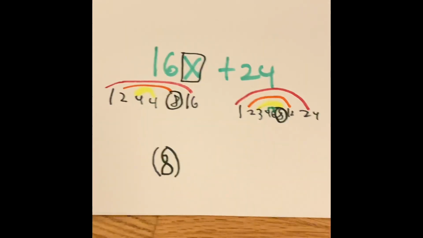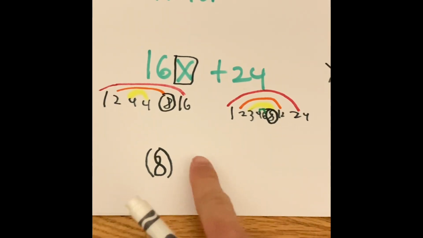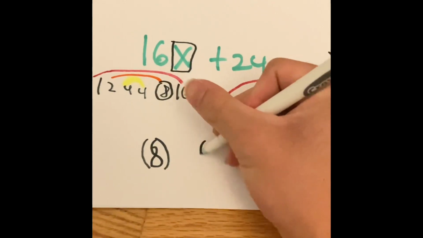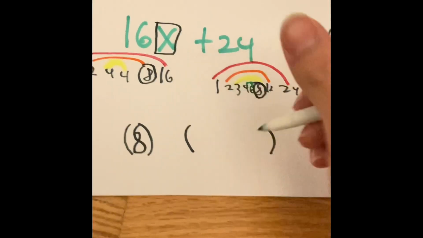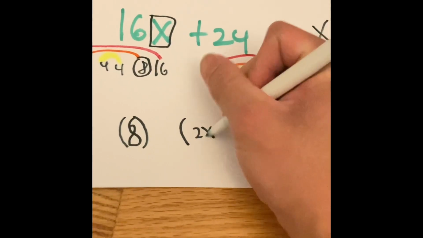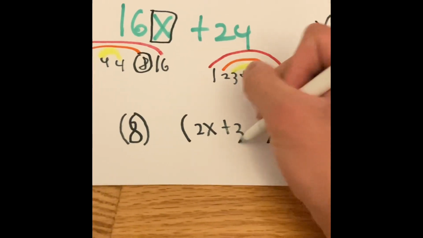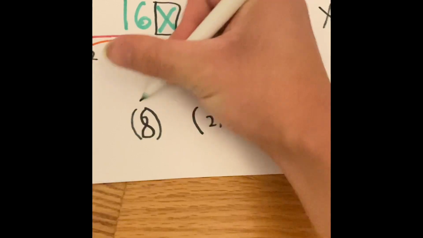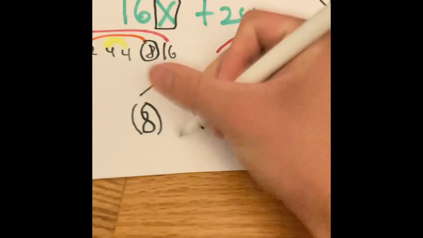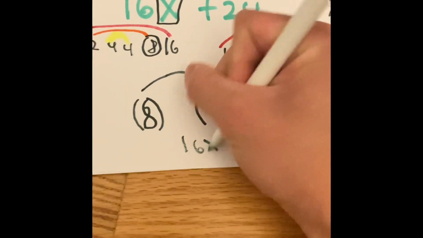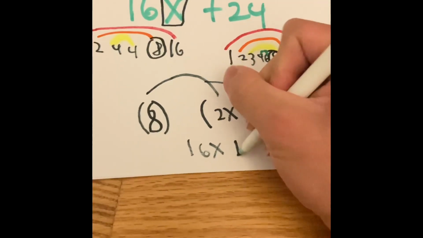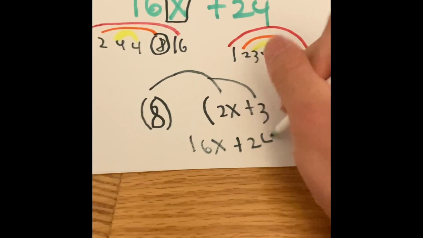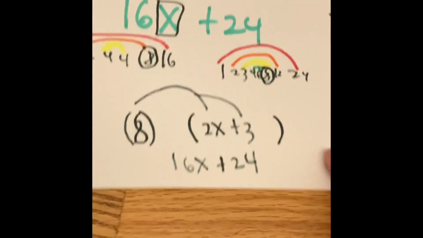But how do we get to 16x plus 24? We make another set of parentheses and write 2x plus 3, because 8 times 2x will bring us 16x, and 8 times 3 is a positive 24. Whoa, check it out!